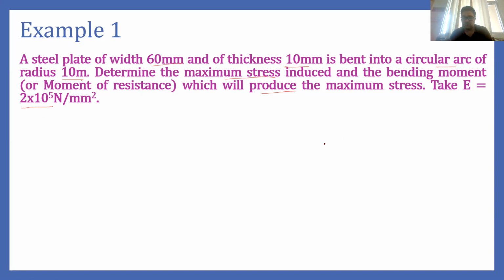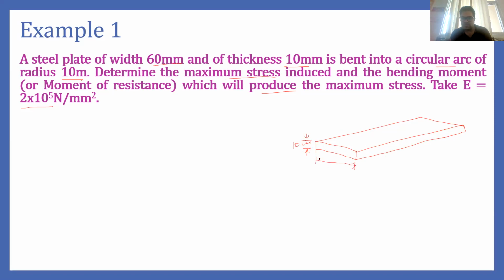So here we will try to make the diagram. For example, say this is a plate, and the thickness of the plate is also given. Now, this is the thickness, which is 10 mm, and this is the width.